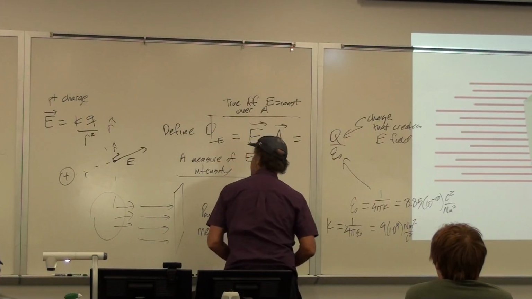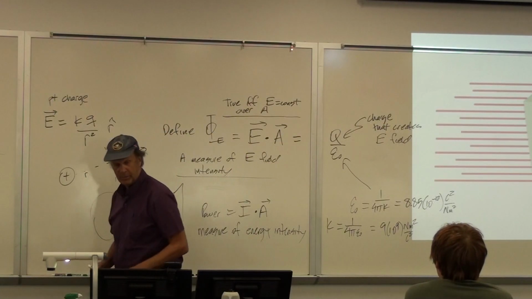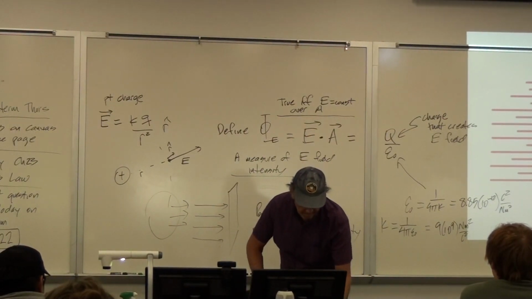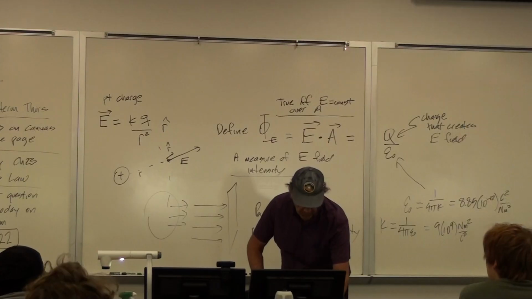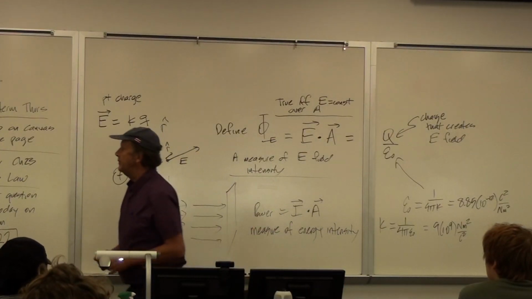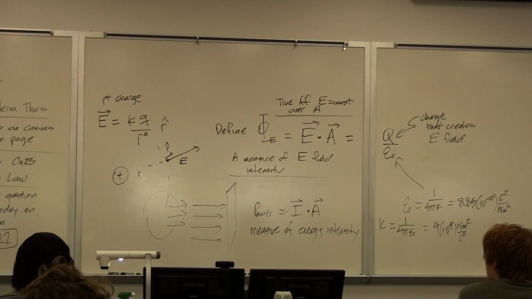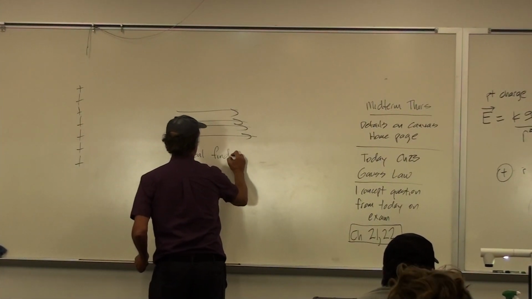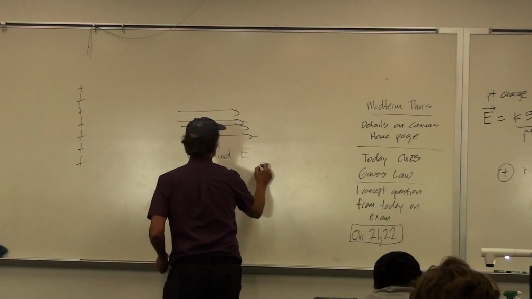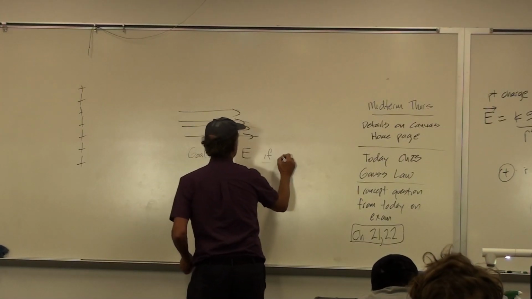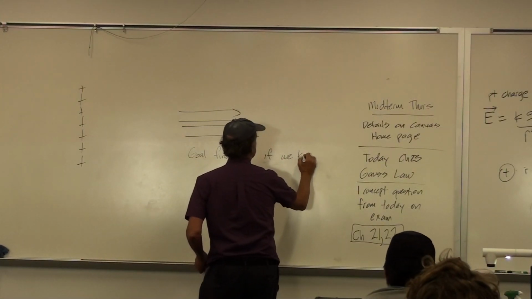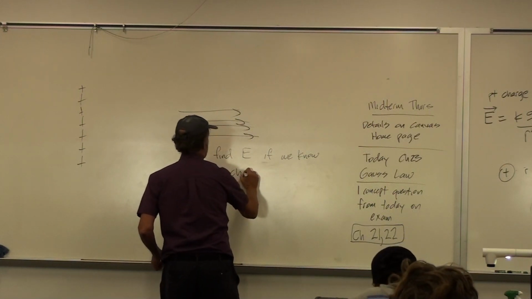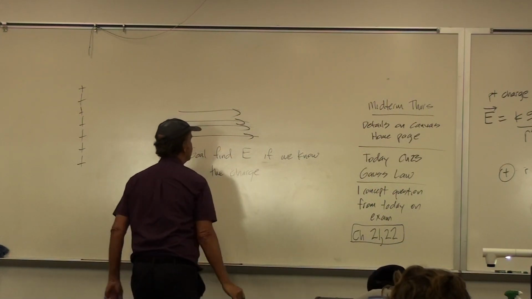But our strategy in these Gauss's law problems is going to be to, what are we trying to do here? Well, our goal, this is usually our goal, is to find the electric field if we know the charge. How did we do that before?